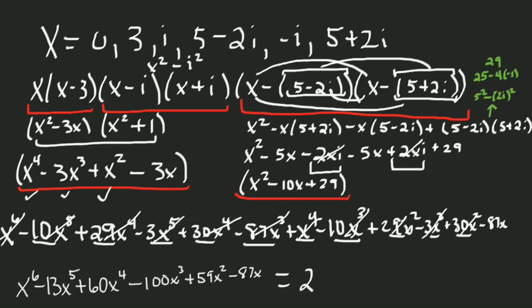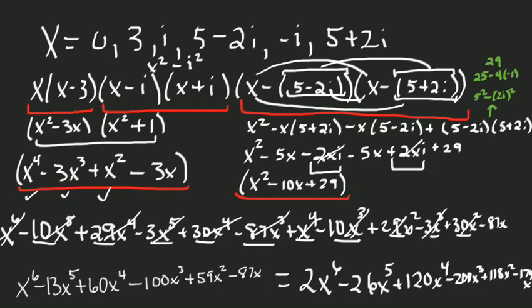That's going to be 2x to the 6th minus 26x to the 5th plus 120x to the 4th minus 200x cubed plus 118x squared minus 174x. And that's the answer in the back of the book.